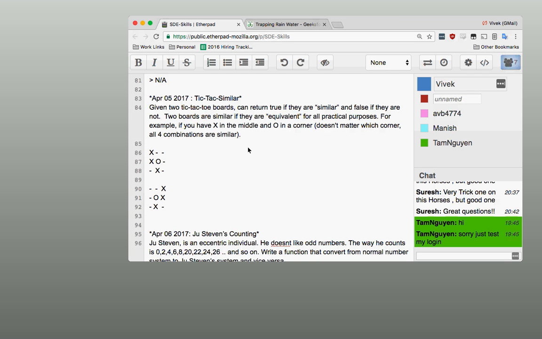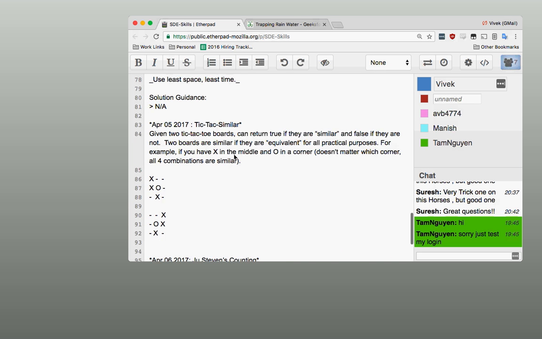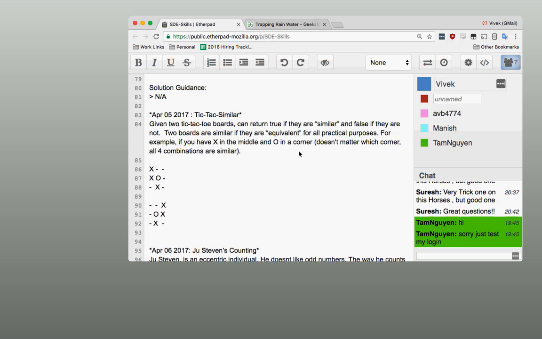Precisely. So you have done the rotation part, which is what I had mentioned. I didn't mention rotation as such. I just said that it doesn't matter which corner it is, and that could be because of rotation or because of a mirror image. You don't know. So for all practical purposes, these two boards are identical.